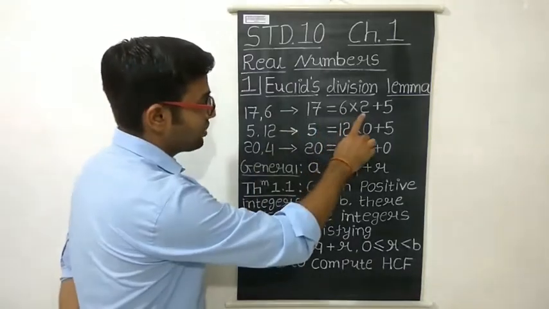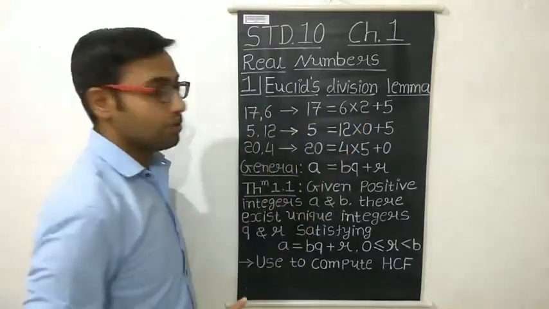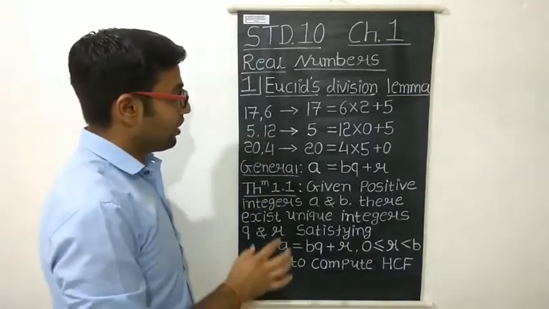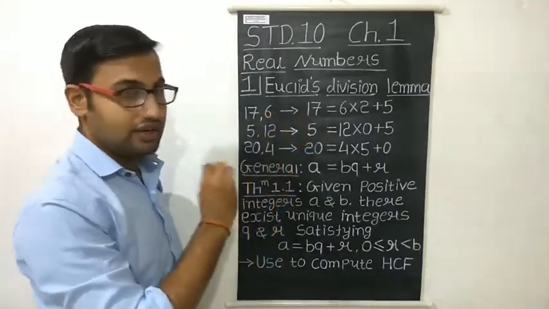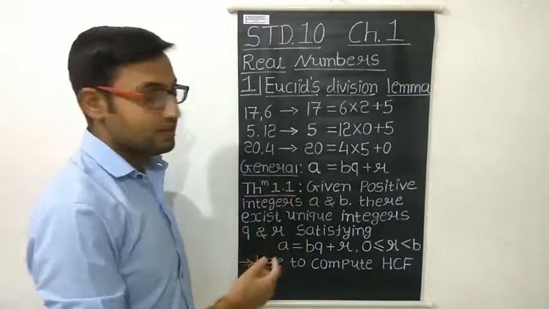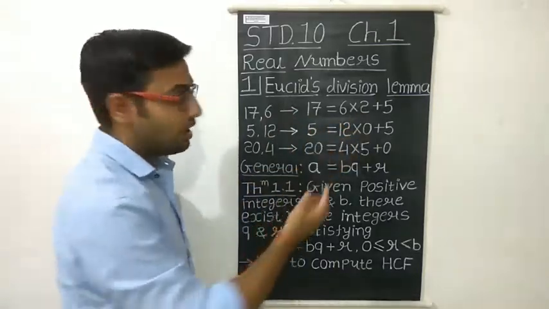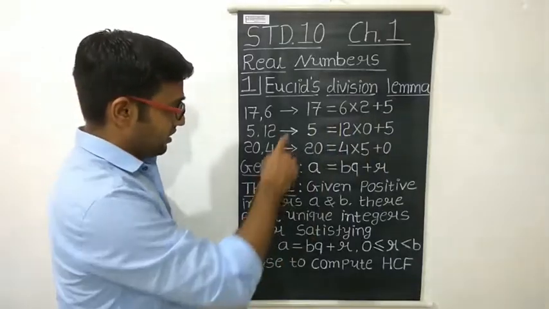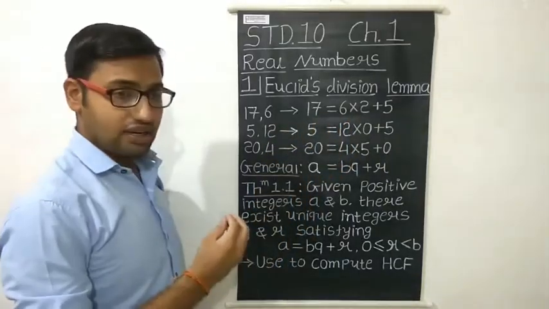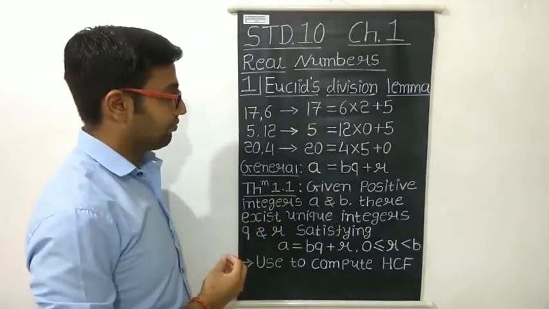According to the division algorithm, 17 is the dividend, 6 is the divisor, 2 is the quotient and 5 is the remainder. This is one type of division algorithm.